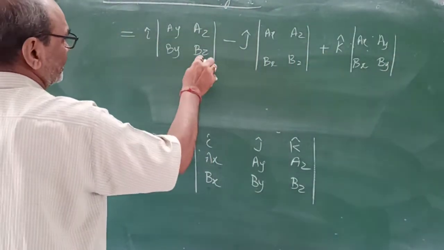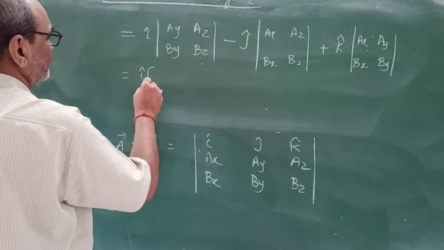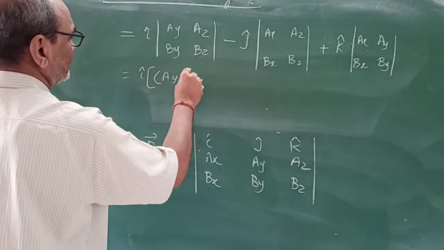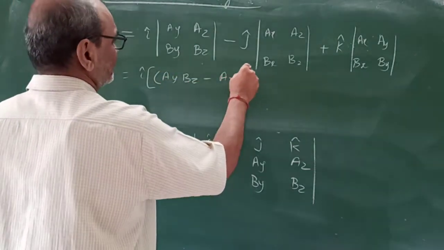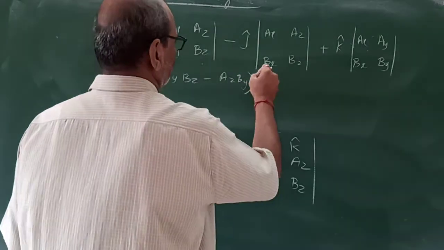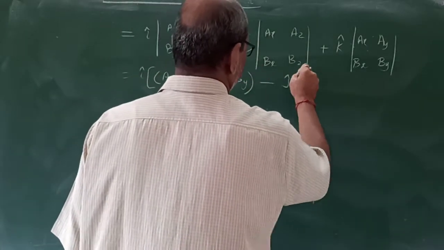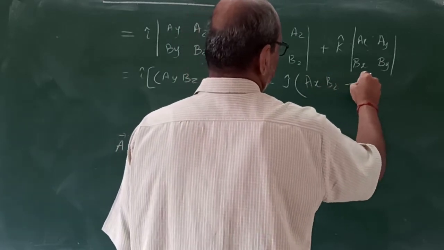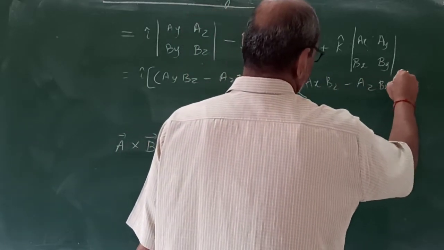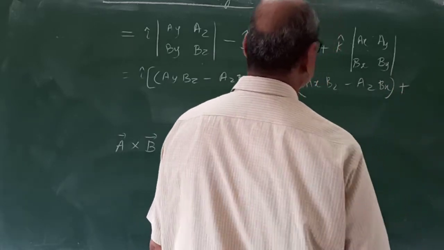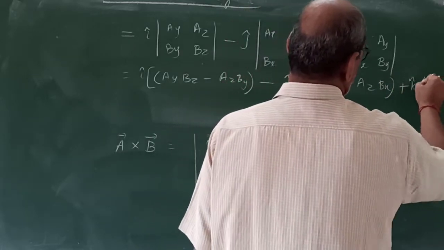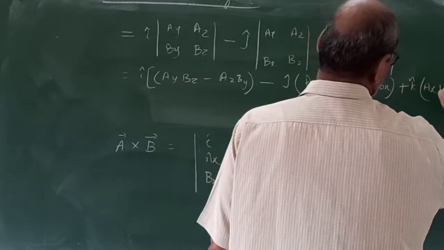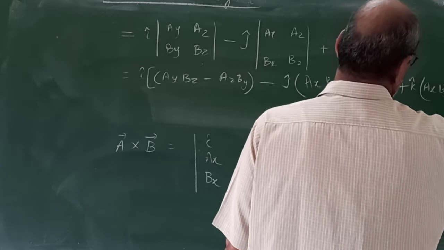Then multiply this: i cap, ay bz minus az by, minus j cap, again ax bz minus az bx, plus k, ax by minus ay bx.